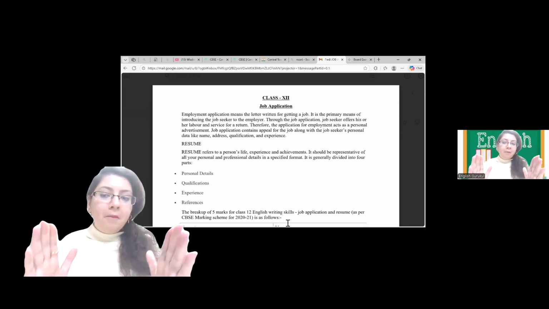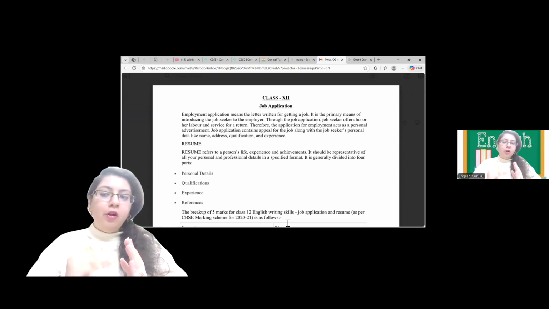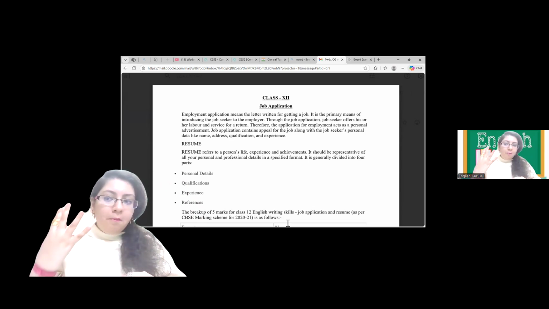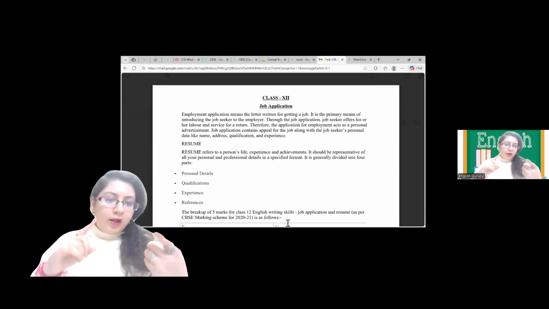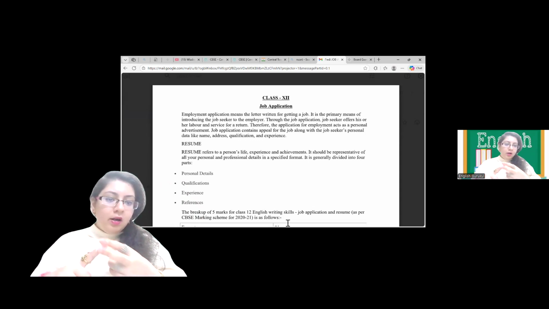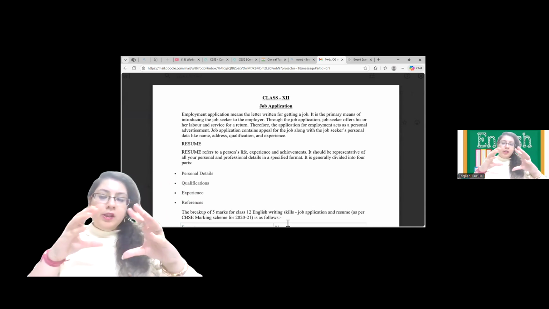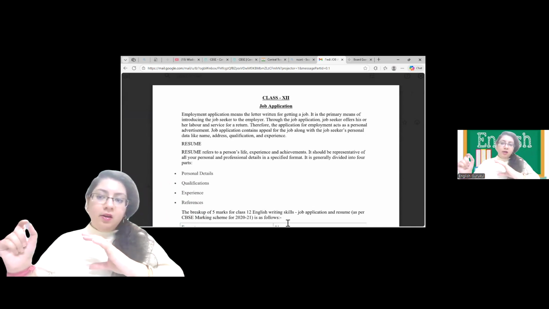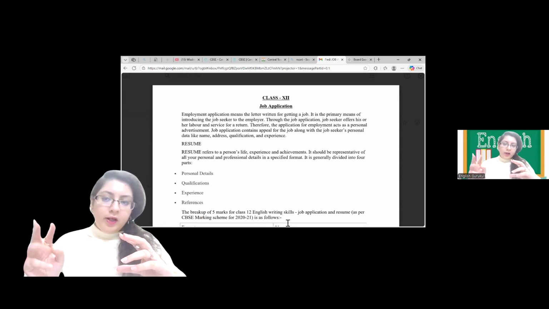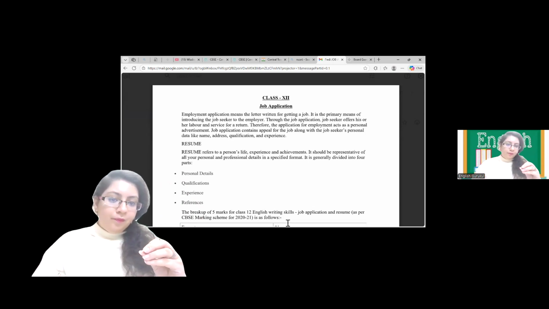There should be a proper format that you follow when applying for any sort of job. It is generally divided into four parts: personal details, qualification, experience, and references. We put references at the end. At least two or three references are required, minimum two.